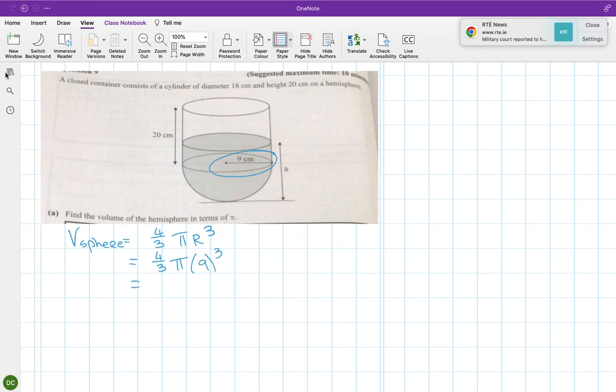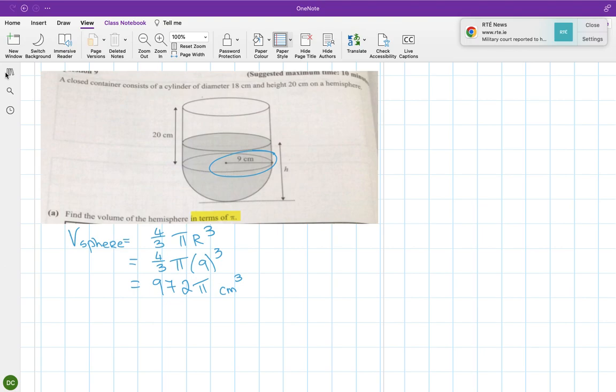Okay, so I'm typing into my calculator 4 over 3, shift pi, bracket 9 cubed. And it says in the question in terms of pi, so I'm going to use the one on my calculator that has the pi in it. So 972 pi, and that's going to be a volume, so centimeters cubed.